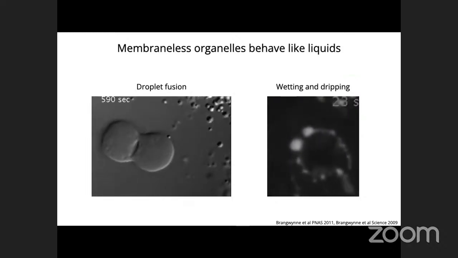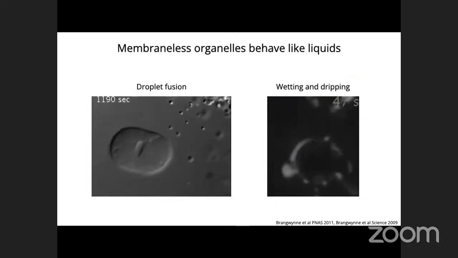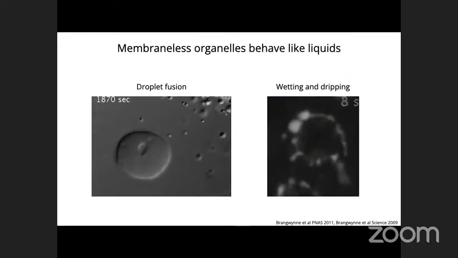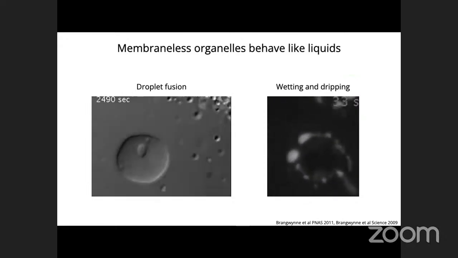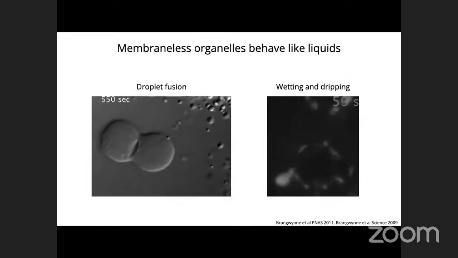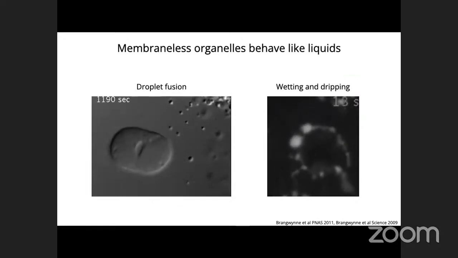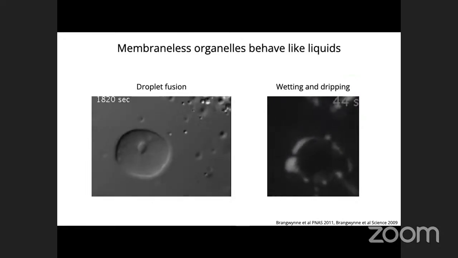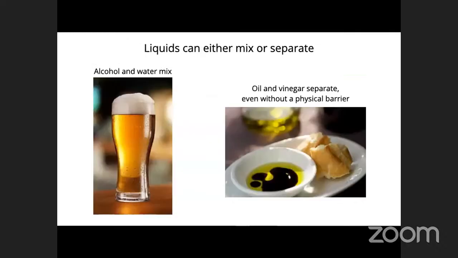So I saw these movies when I was a graduate student, and I was like, oh my gosh, I've never seen anything like this in a living cell, and it was amazing. It led people to start thinking of these membraneless organelles as liquid phases. If we think about liquids, here are two examples that you are probably familiar with.